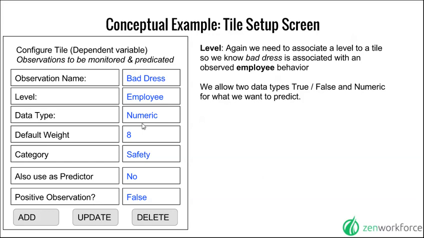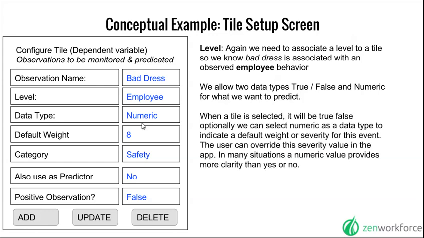Whenever a tile is reported, it is date stamped. And what we'd also want to point out is if we have a positive or negative observation. In this case, it's positive. I'd say bad dress is not positive, so I'd say that's false. So here we could also get into discussing, is this plus or minus, negative, positive.